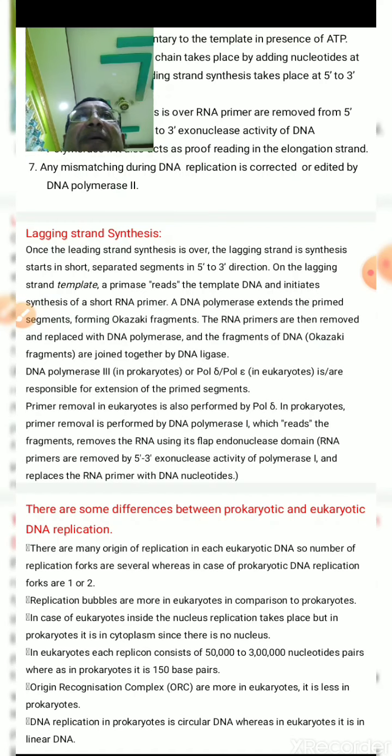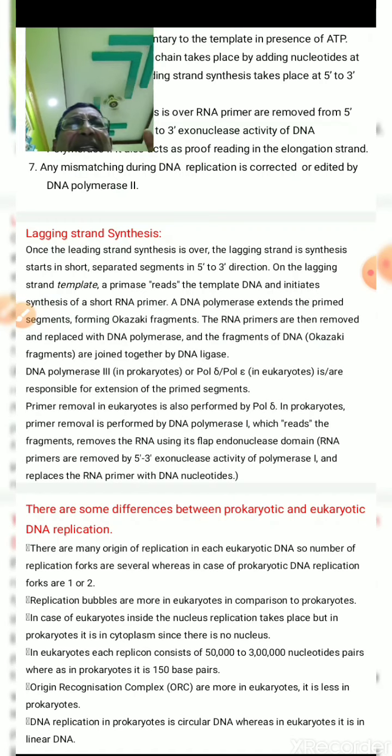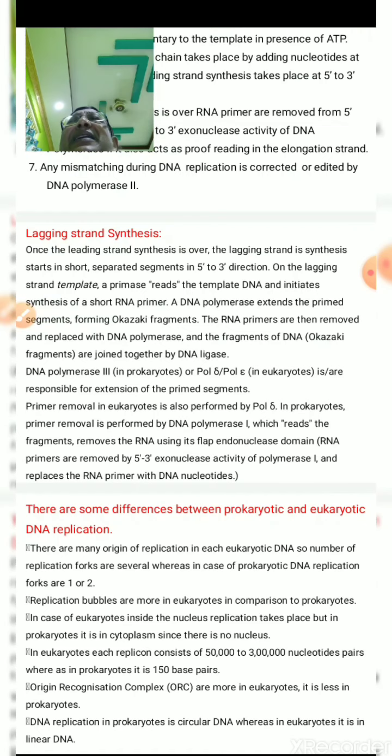RNA primers are removed by the 5' to 3' exonuclease activity of polymerase 1, which replaces the RNA primer with DNA nucleotides. So this is the lagging strand synthesis. This synthesis, the leading strand and the lagging strand synthesis, is popularly known as DNA replication. Very much in a nutshell, I have given what we mean by DNA replication.